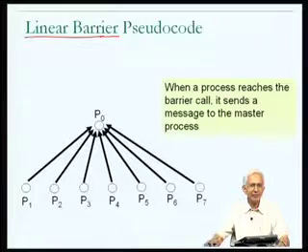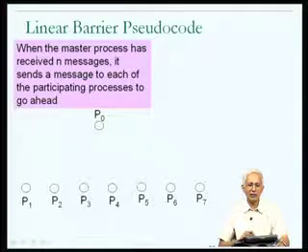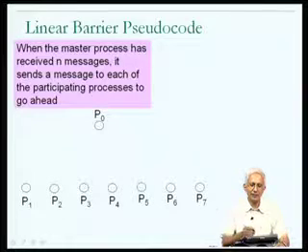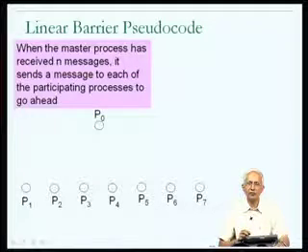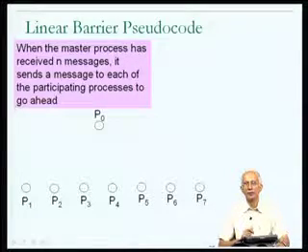What should be happening within the master process? Within the master process, in this case n is equal to 7 processes participating in the barrier. When it has received a message from each of the n processes, it proceeds to send a message to each of those processes in return.